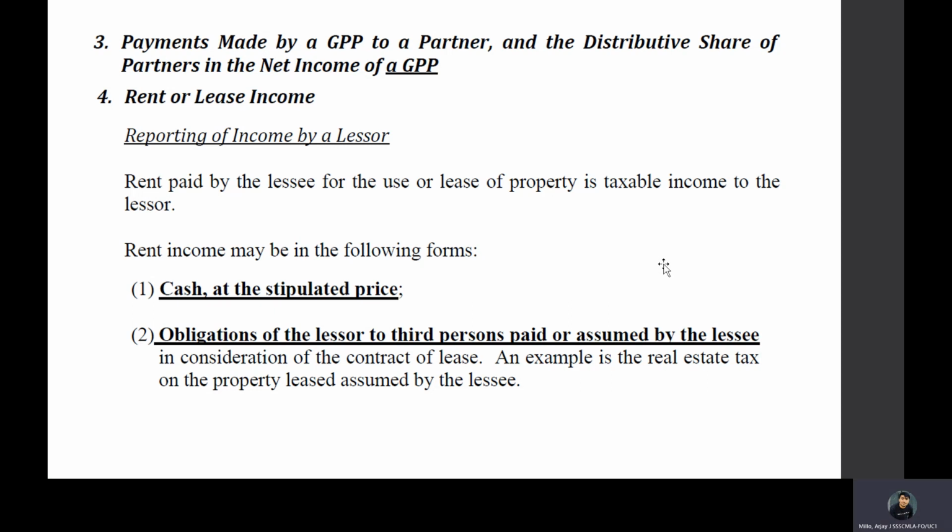Like for example, you're renting a commercial space, pero in-improve mo, like pinaganda mo yung fencing, or in-improve mo yung ceiling, or kung ano man, that will add value dun sa property. So it will also form part as gross income ni lessor.